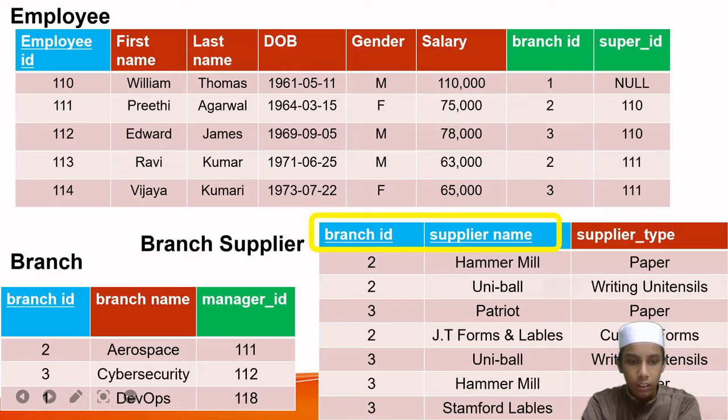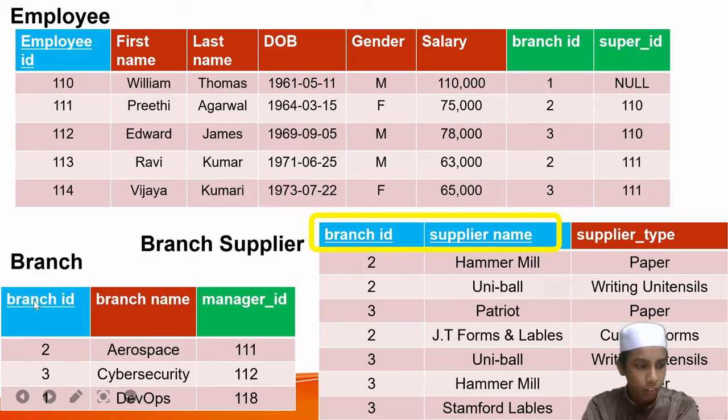So the reason we need this composite key is because the supplier name doesn't uniquely identify each row, and branch ID doesn't uniquely identify each row.